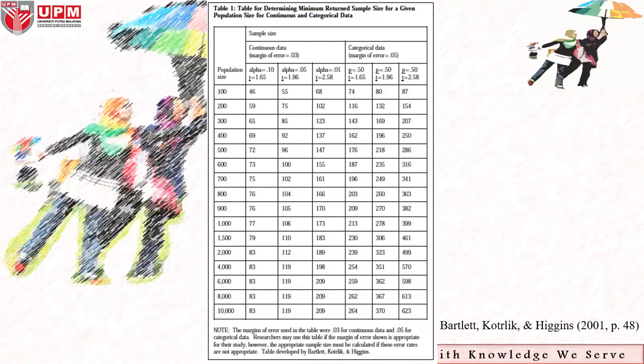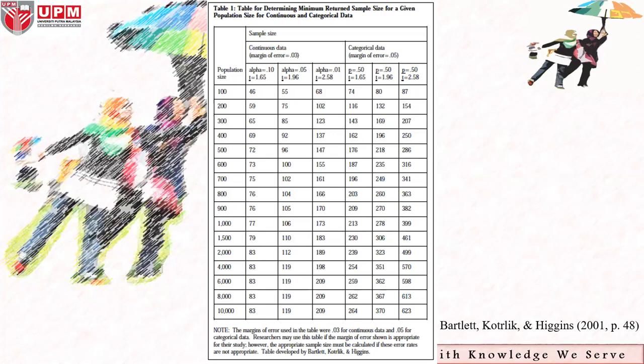The Krejcie and Morgan table I didn't propose you to use because, okay, macam ni, yang ni dengar betul-betul dan kalau boleh ingat. When you conduct a quantitative study, the selection of your design should tally from the very beginning until the end.